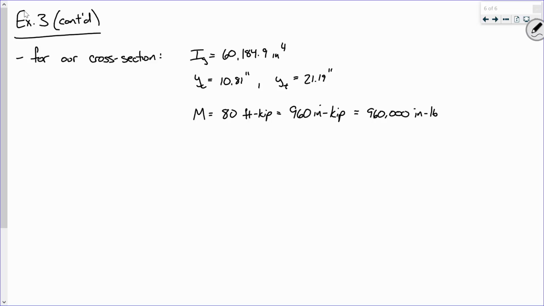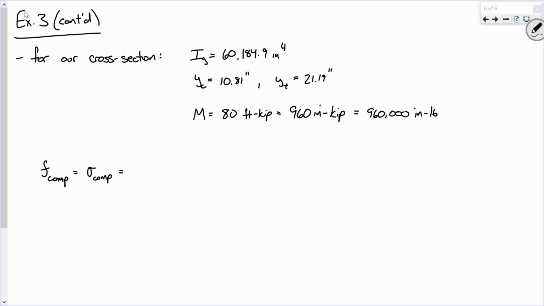If I want to determine the compressive stresses on this section, you could think of it as sigma compression. The concrete code tends to refer to stresses with the letter F, so I tend to go along with that.